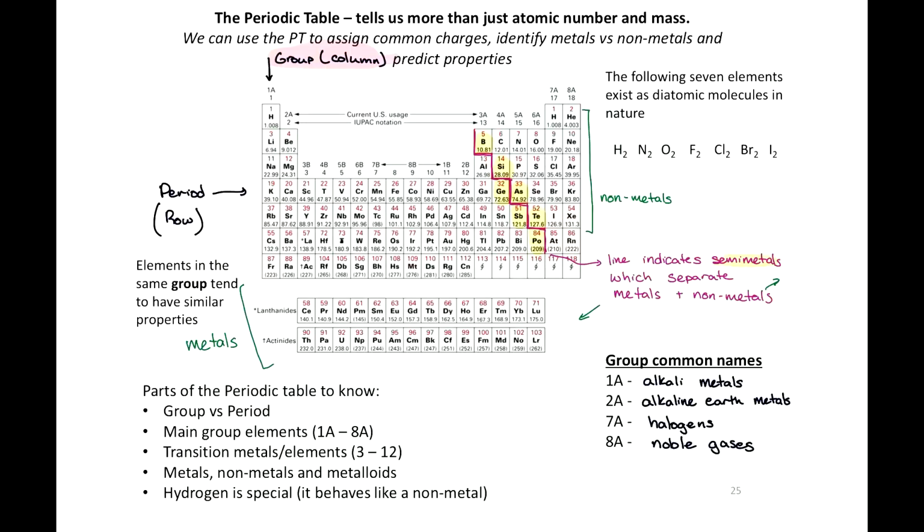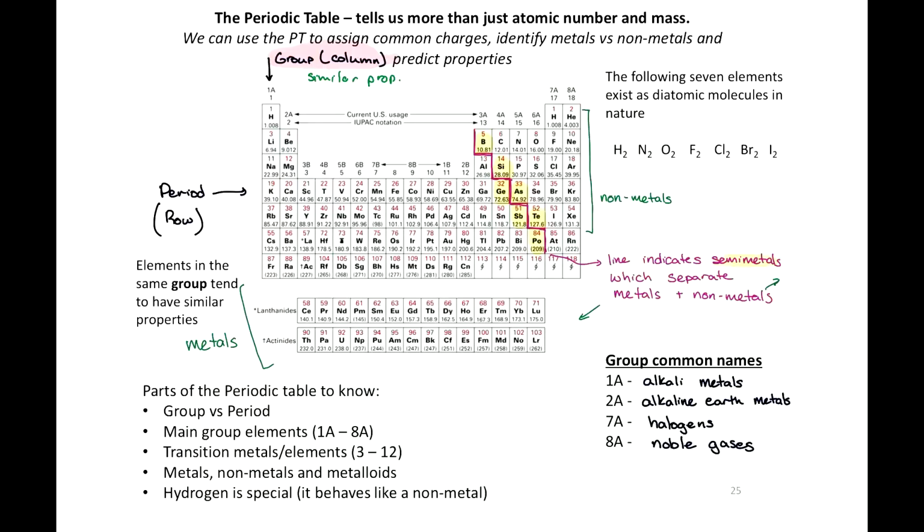So our groups are numbered, so group 1A, 2A, 3A, things like that. What we see is that elements in the same group tend to have similar properties. That's what we typically see. It's called group chemistry. So like lithium, sodium, and potassium, they have similar properties.